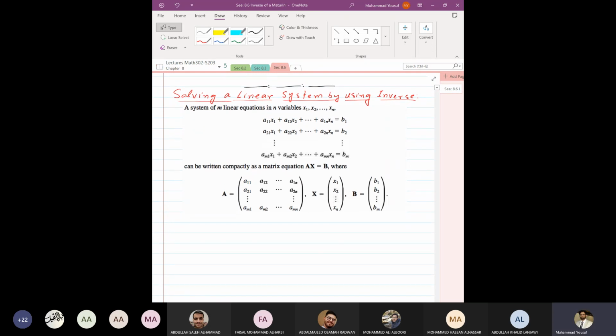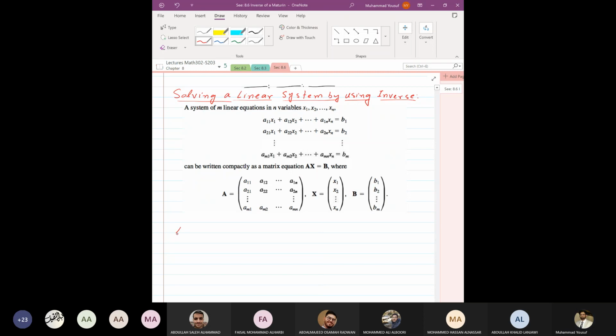This is something I told you before in the beginning, that a linear system can be written like this: Ax equal to B, where A is the coefficient matrix, X is the column vector, and B is the right-hand side constant column vector.